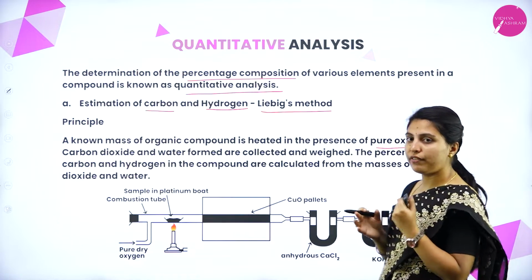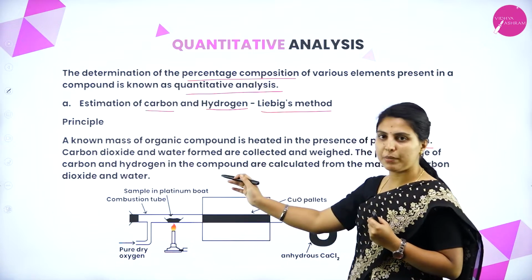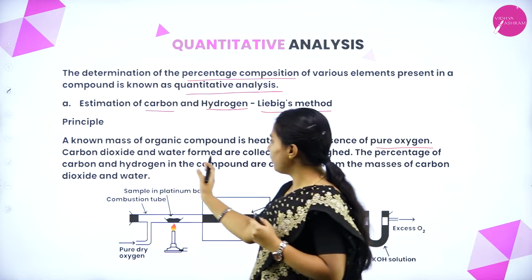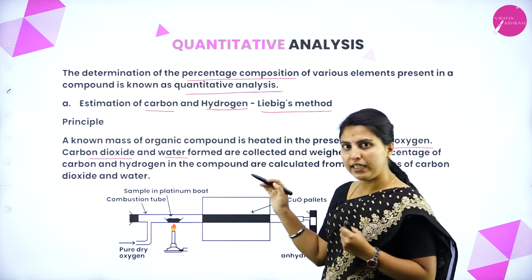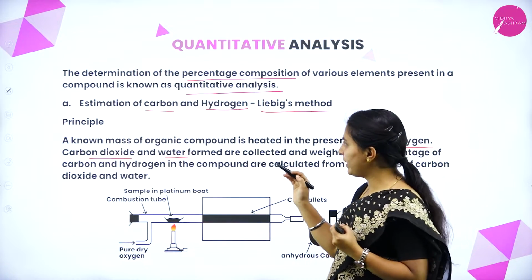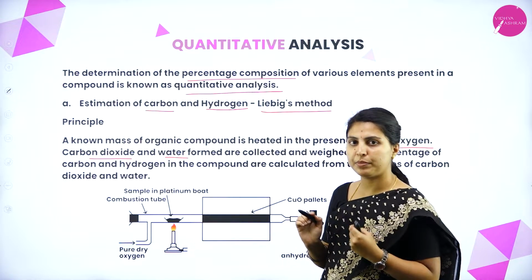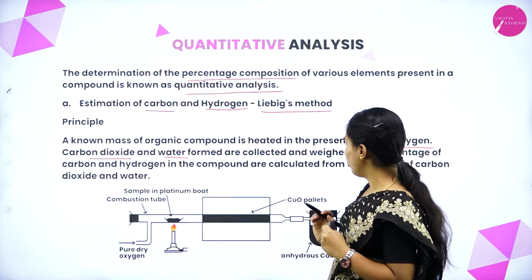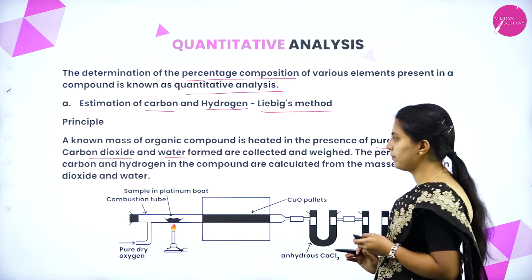Here it will form carbon dioxide and water, right? From those two products, they identify how much carbon and how much hydrogen is present in that compound. The excess O2 will go out.